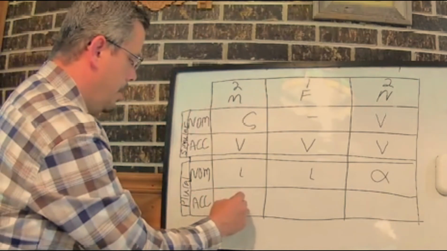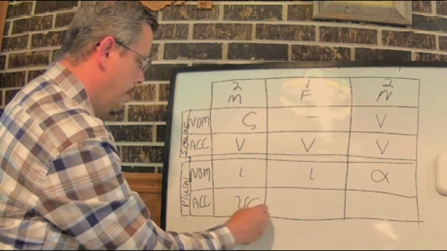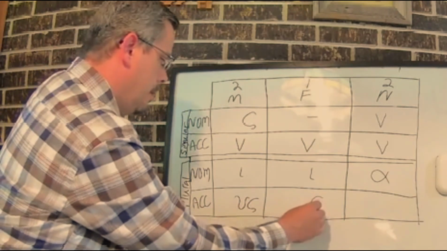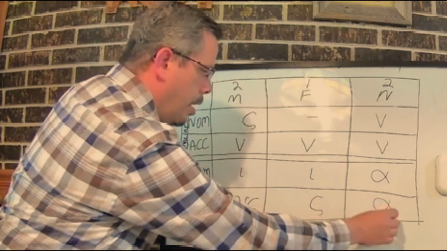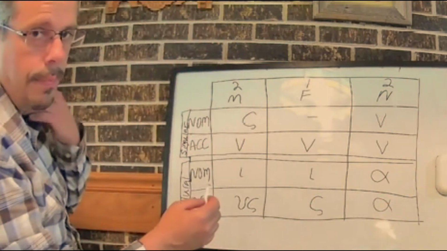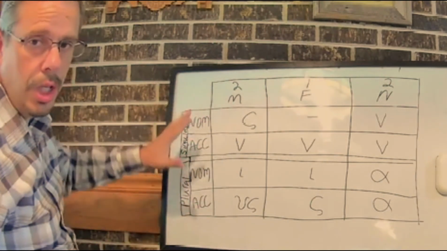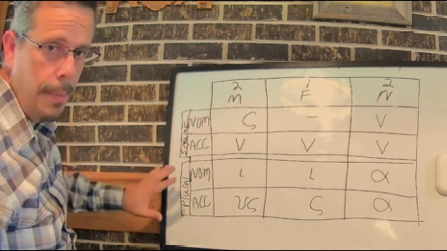Over here, you have upsilon, sigma. Here you have a sigma, and here you have another alpha. All right. So now this is the nominative and accusative chart for singular and plural.